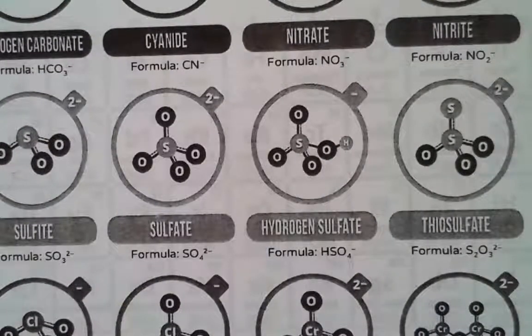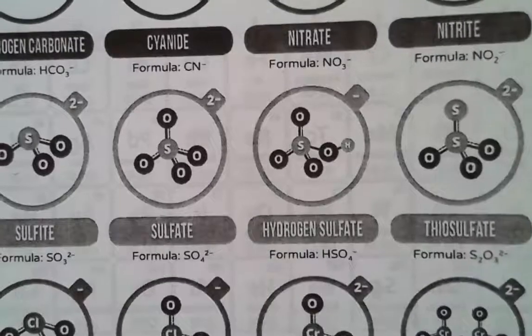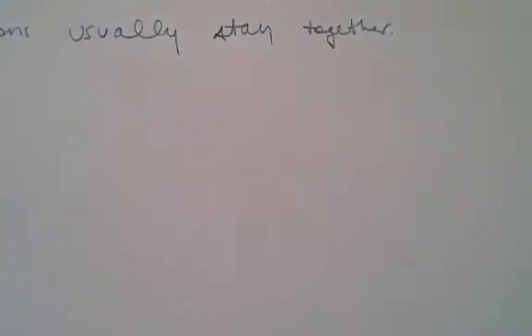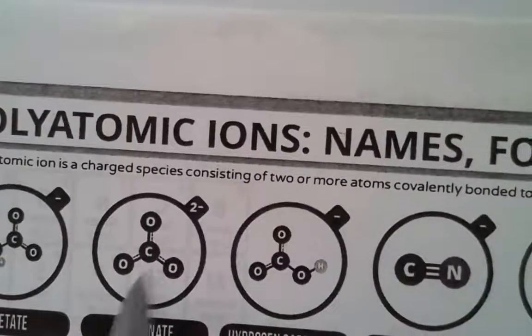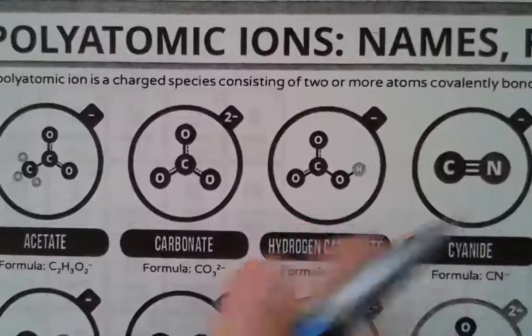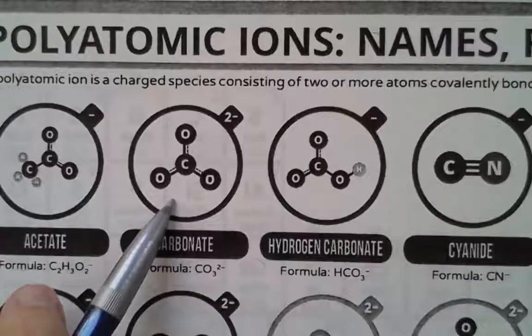Okay. I'm thinking let's draw one, just because why not? I'm going to choose one that you'll see a lot more than hydrogen sulfate. Let's choose carbonate. Carbonate, right there. This is a really popular polyatomic ion.